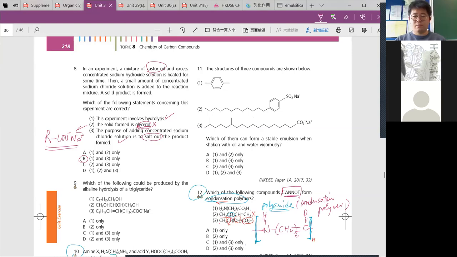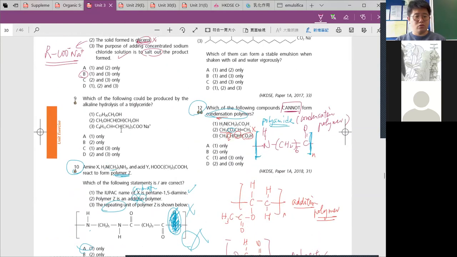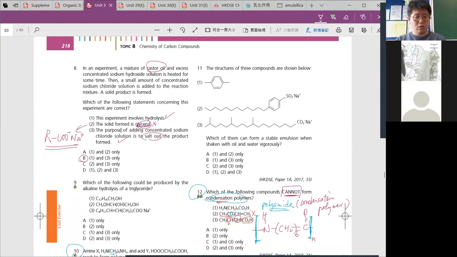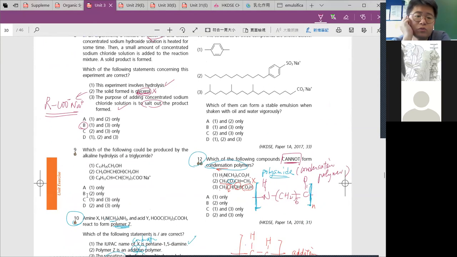And then you take a look at question 9. Question 9. Which of the following could be produced by the alkaline hydrolysis of triglyceride?